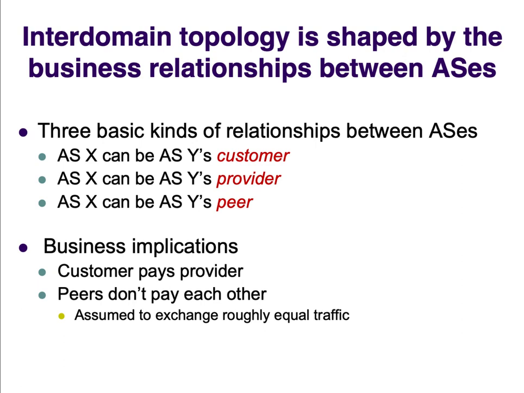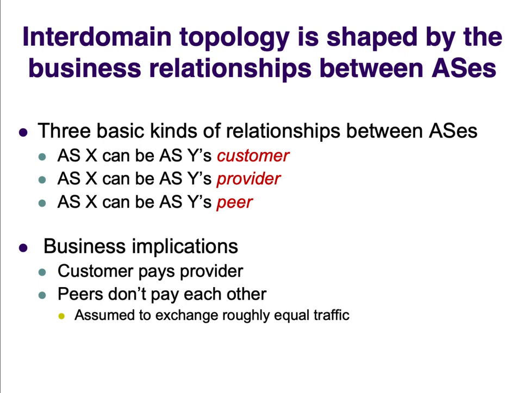So customers always pay providers, and peers don't pay each other. They exchange traffic, but they don't pay each other for that exchange. As an example, you can think of Berkeley signing up with AT&T in order to connect to the rest of the internet. Berkeley would be AT&T's customer, and AT&T would be Berkeley's provider. Okay? Why do ASs peer? I will get to that in a minute.